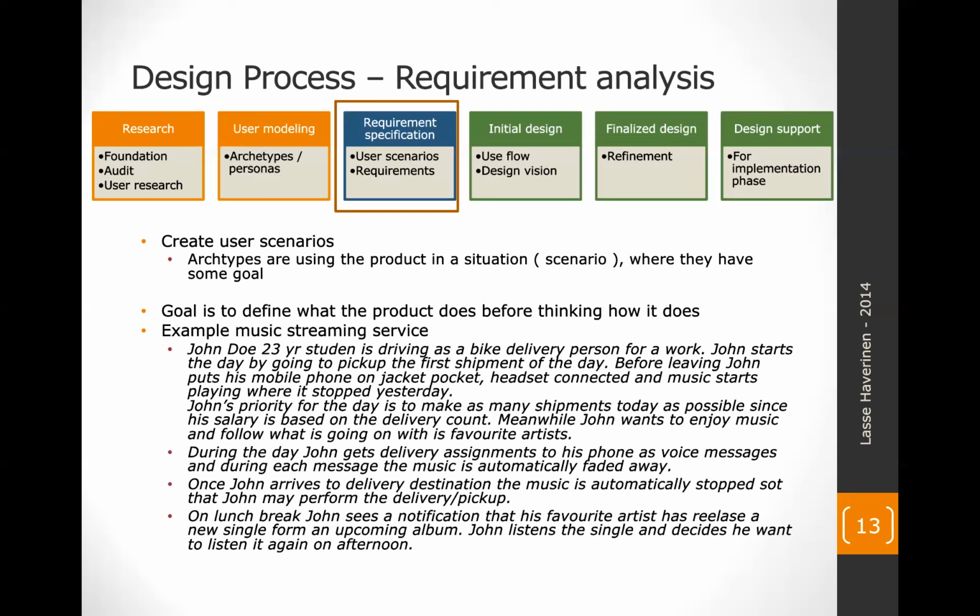All the requirements must be as detailed as possible, and only that way can you get as good an outcome as possible. If there is any ambiguity in the requirements, then it is just based on luck whether the end result will be what the customer, for example, wants.